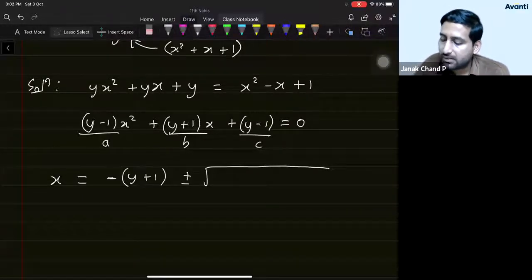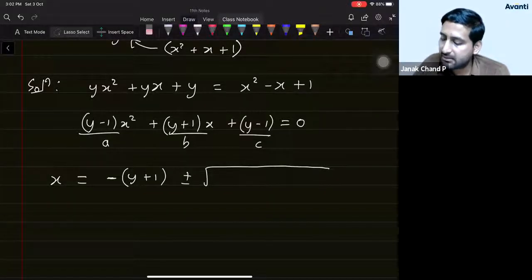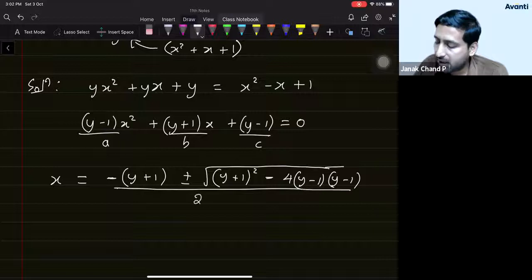Fine. So what I'm doing here is minus b plus or minus root of b square, that is this square, minus 4 into a into c. I hope you understood what I have done so far. Divided by 2 times a. Yes, a, b, c.